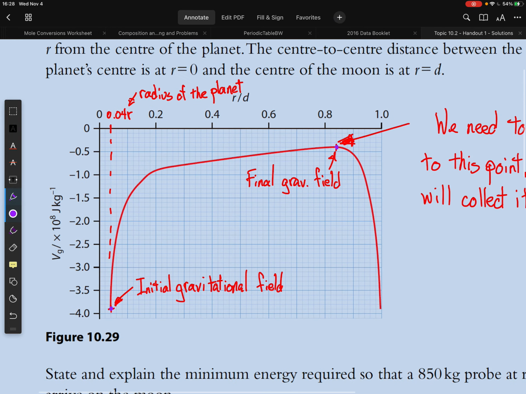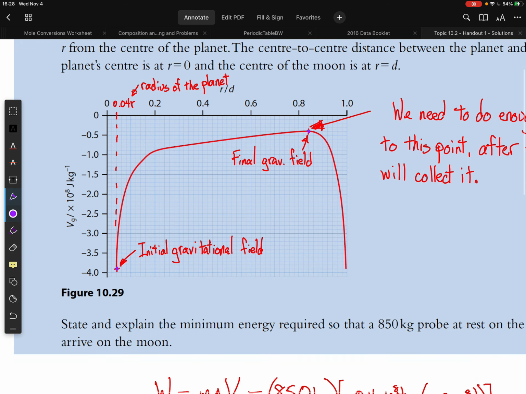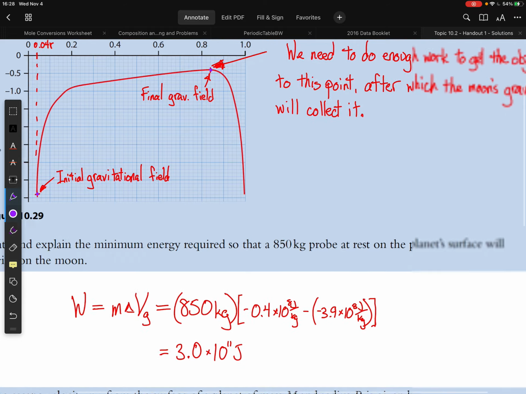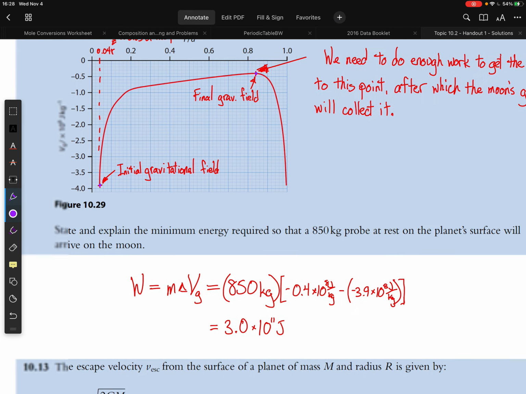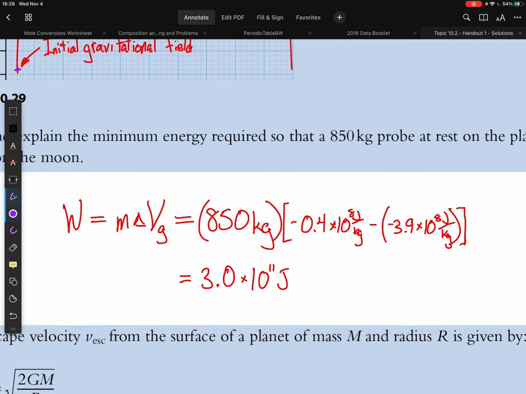So what we're looking at then is a change in the gravitational field, and if there's a change in the gravitational field, we can calculate work. Setting up the problem is slightly tricky, but from here, very straightforward.